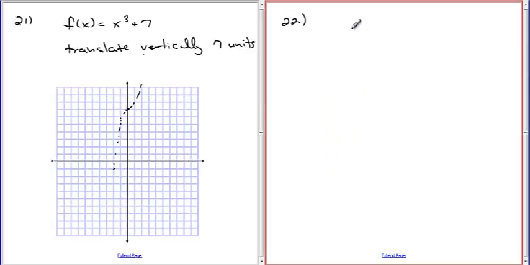Okay, 22. It's another cubic function. Negative x cubed minus 1. So we have a negative in front of the x cubed term. Another way you can think about this is it's really a negative, the quantity x minus 0 cubed minus 1. So this negative sign is outside the parentheses in this form.